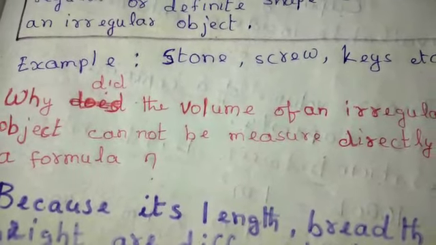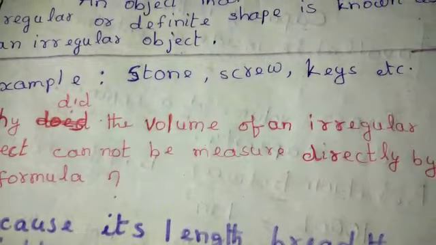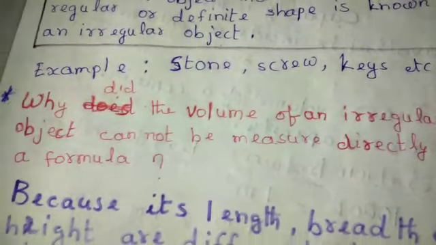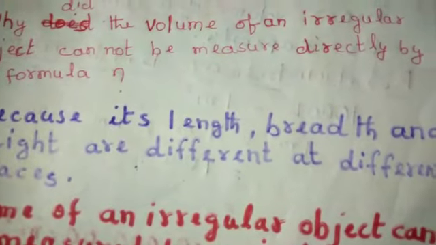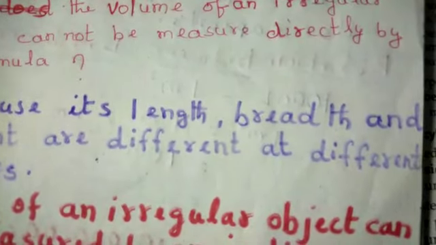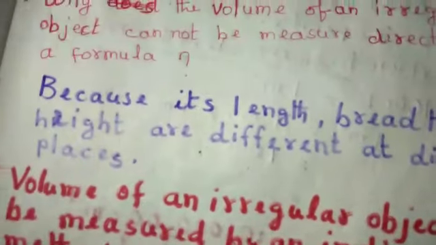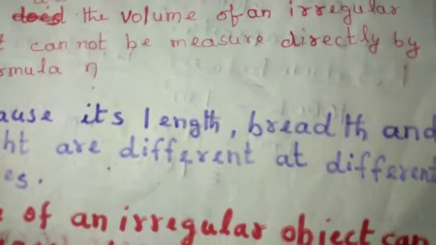Why can the volume of an irregular object not be measured directly by a formula? Because its length, breadth and height are different in different places.